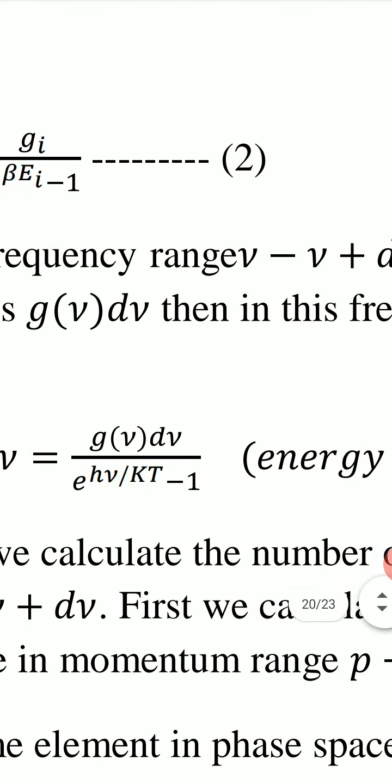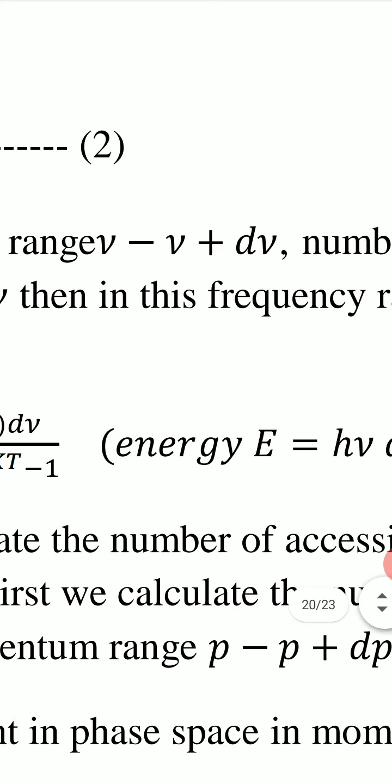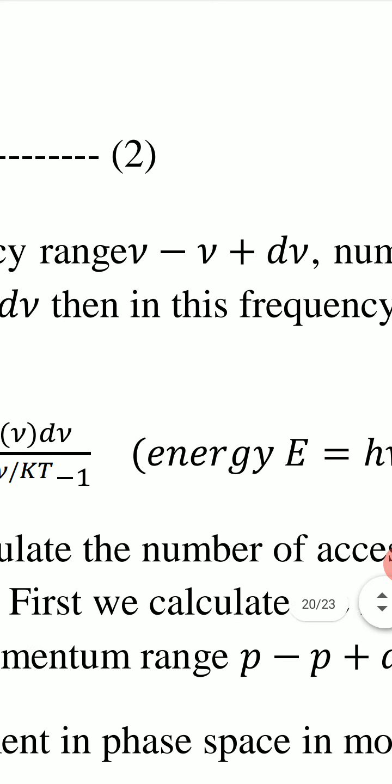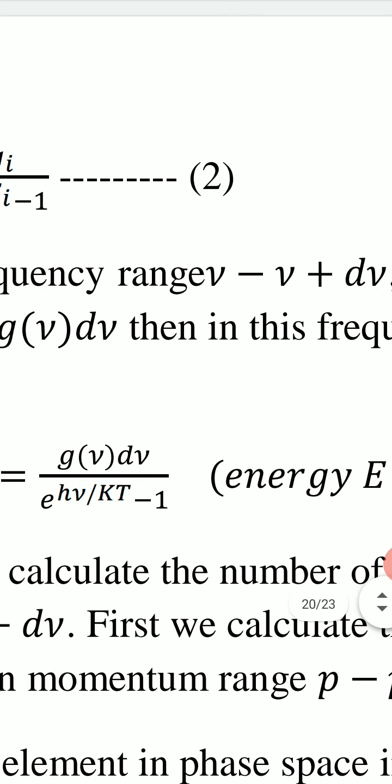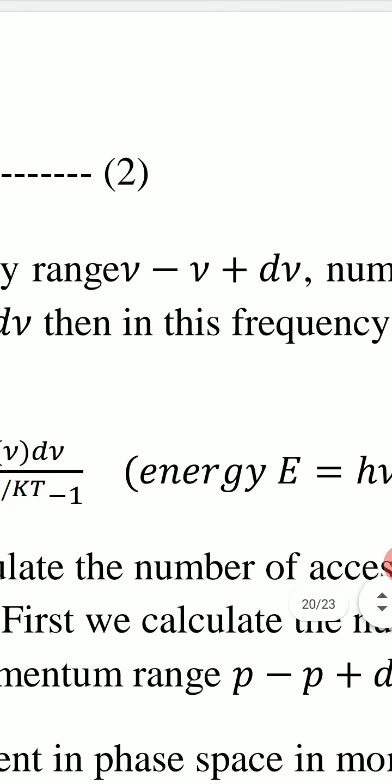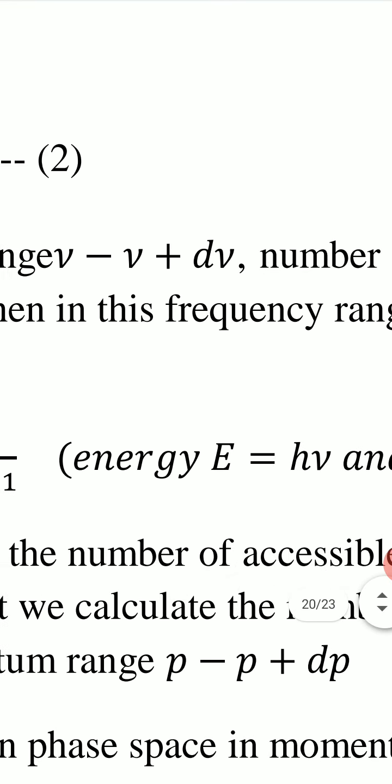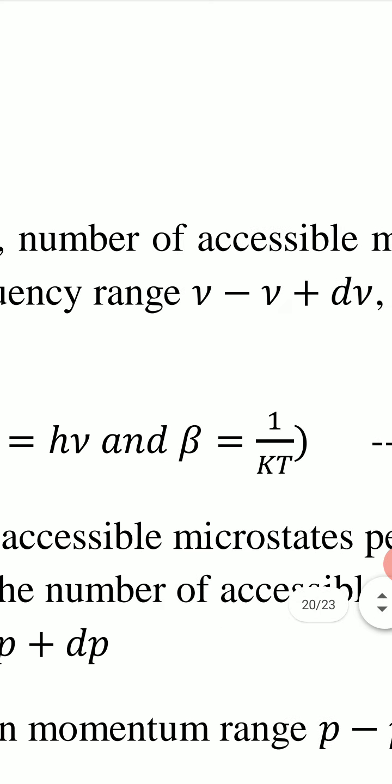If in frequency range nu to nu plus d nu, for frequency nu, we consider a small range, nu to nu plus d nu. D nu is a small change in frequency nu. So we consider this frequency range nu to nu plus d nu.